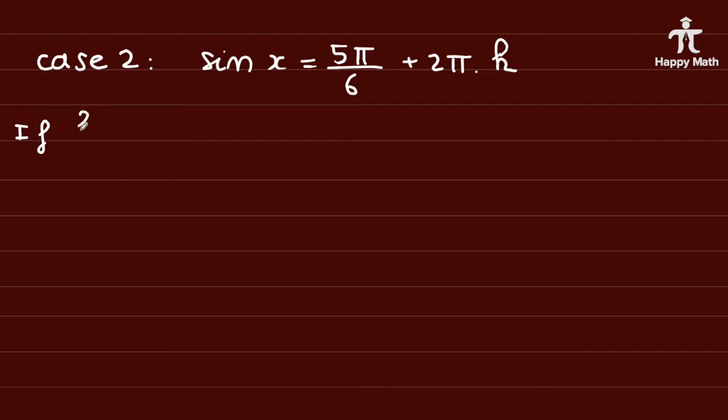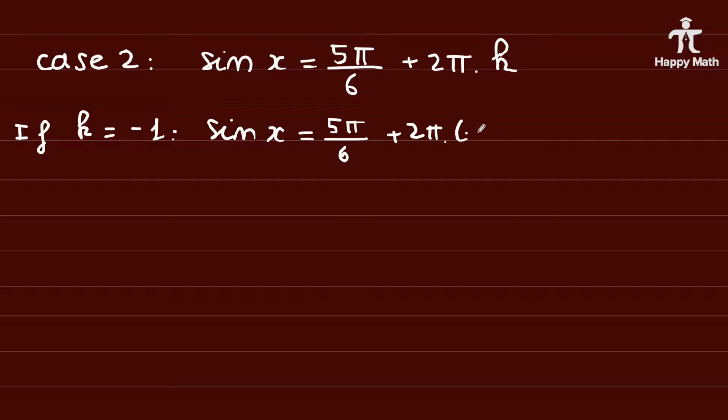If you got k equal to -1, so what is the value of sin h in this one? Okay, let me write down the formula first. Plus 2 pi multiplied by -1, and the value you got is -3.66. Of course, this is outside of -1 and 1, so we cannot take this solution.